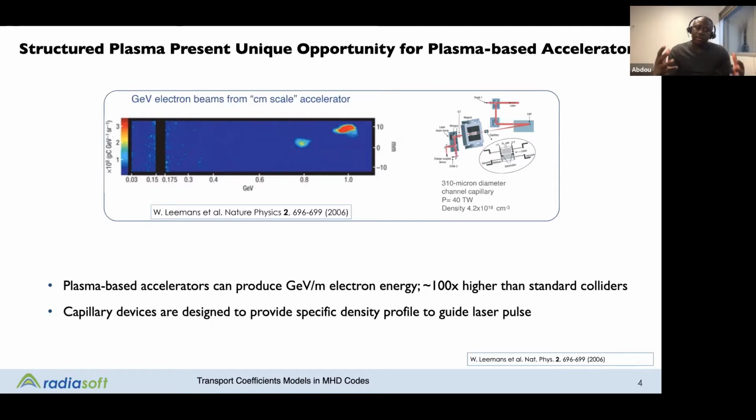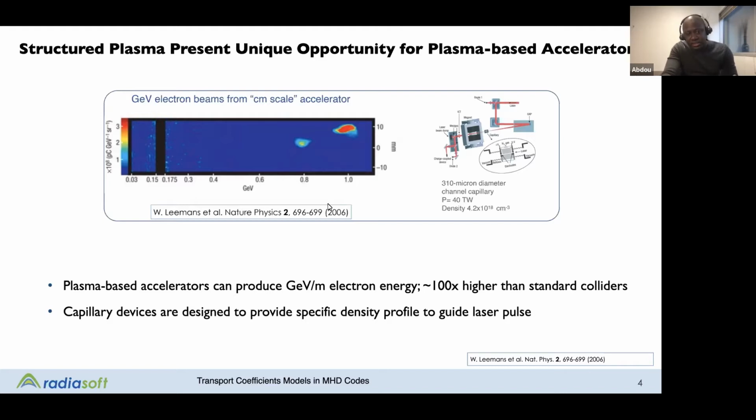Nowadays, capillary waveguides are used to generate a very nice density profile that can be used to propagate a very intense laser beam, generating an electron beam that is, for example, shown in the plot here in the middle, very energetic at about 1 giga-electron volt with very little energy spread.